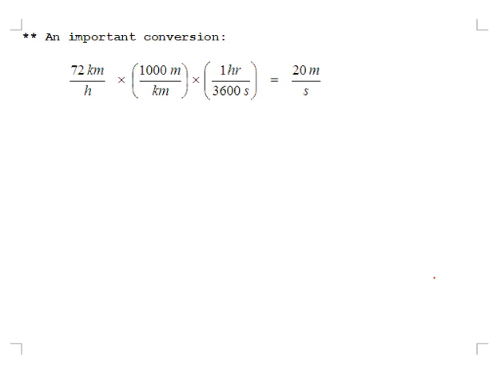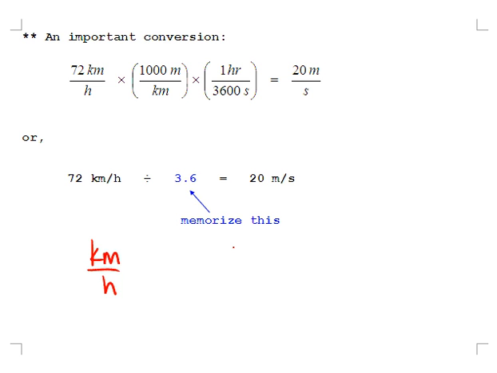Is there a shortcut? Yes, there is. To get from kilometers per hour into meters per second, divide by 3.6. You're going to want to memorize that. I would actually memorize this: kilometers per hour into meters per second. This will save you a lot of time if you commit it to memory.